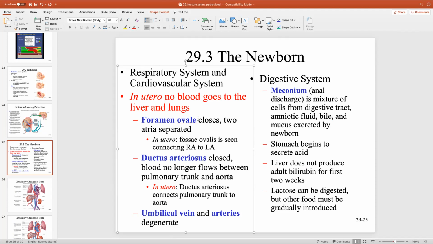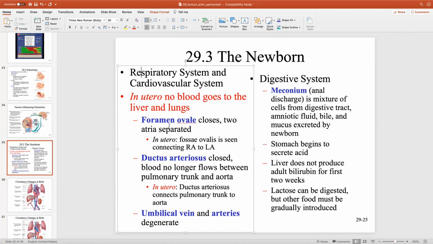Now, we don't want blood to go into the lungs because there's no oxygen there. If you do bring blood into the lungs, you'll just pick up more carbon dioxide, which can be bad for us. So we're going to detour blood away from the lungs.